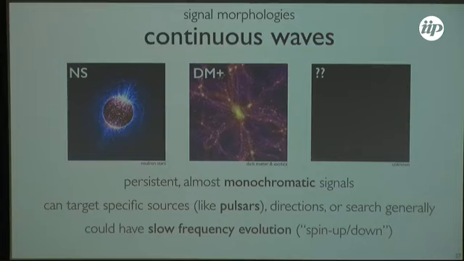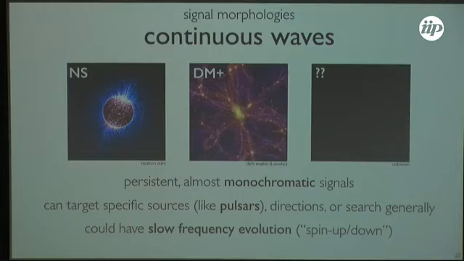Besides neutron stars, you could expect these kinds of sources from particular ultralight bosons around black holes. I won't go into the details. Or again, you could have continuous signals from processes that we still don't know. So we have different kinds of searches for these signals. In some cases, we target particular sources. For example, we see there's a pulsar there, a neutron star.